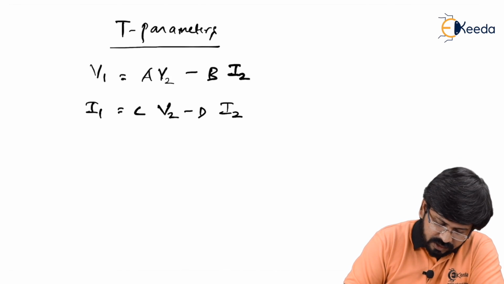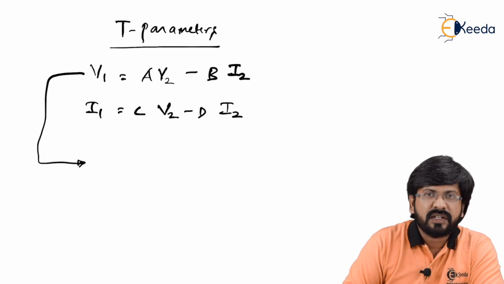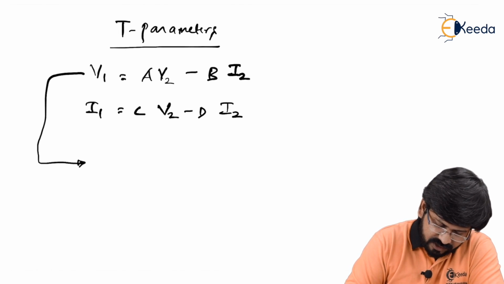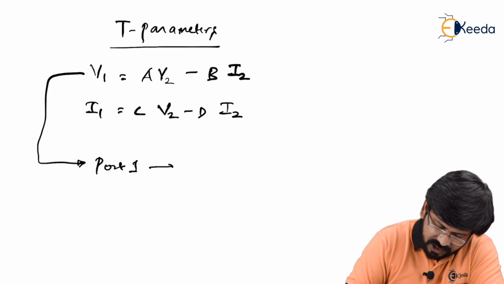Now look at this V1. This V1 equation belongs to port 1, and if it is a voltage equation, what does that mean? It means that port 1 should have series circuit.